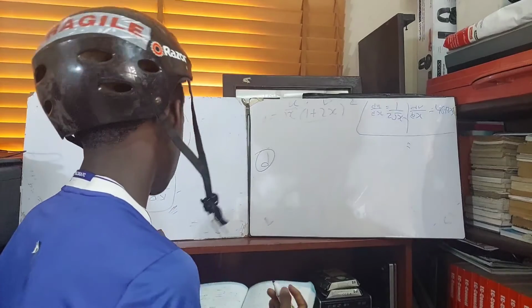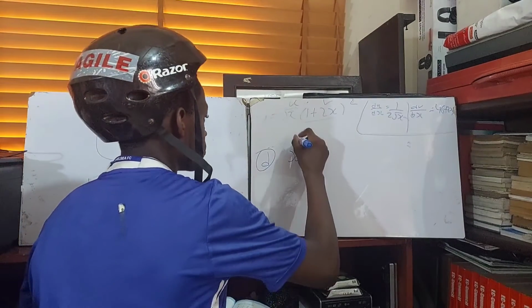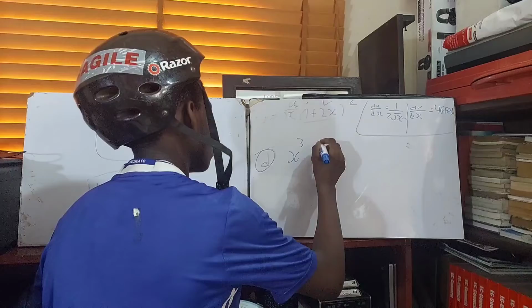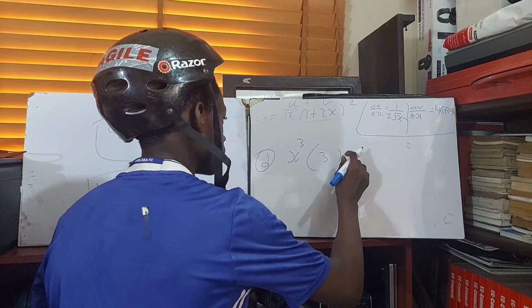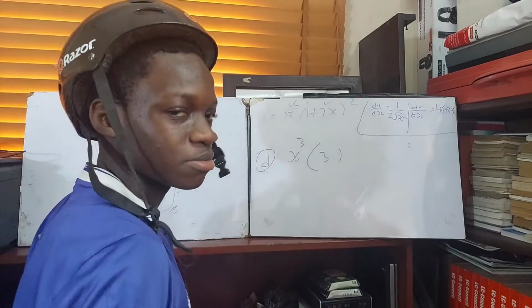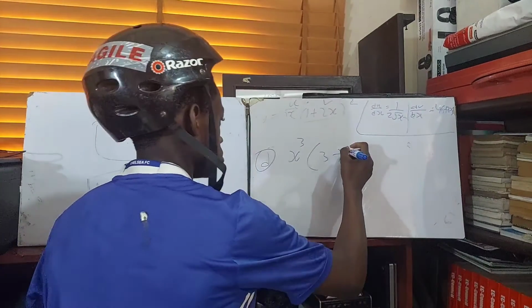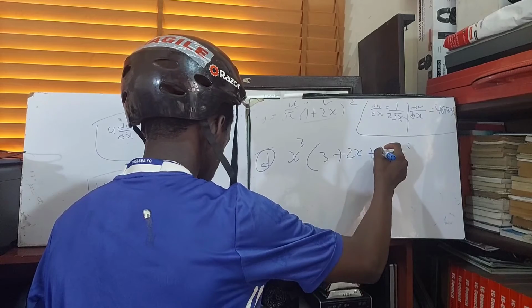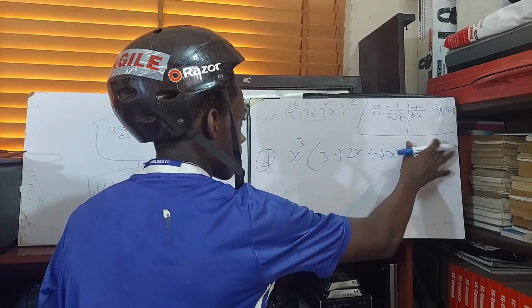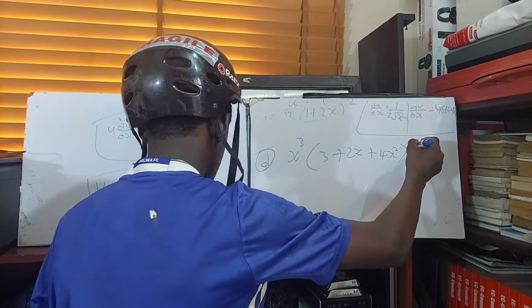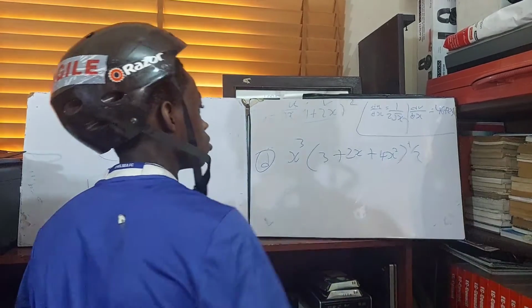I don't want you to look at the options before you do it. It's x cubed, and I'm going to change it up. Since in the textbook it's minus, I'm going to make it plus, 2x plus 4x squared in the bracket to the power 1 over 2.